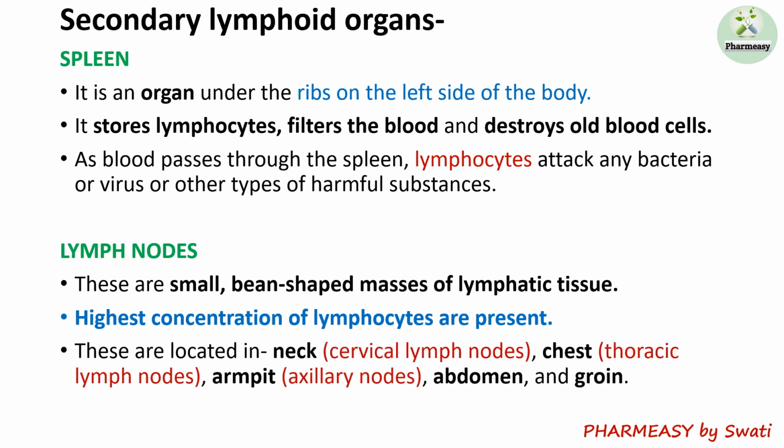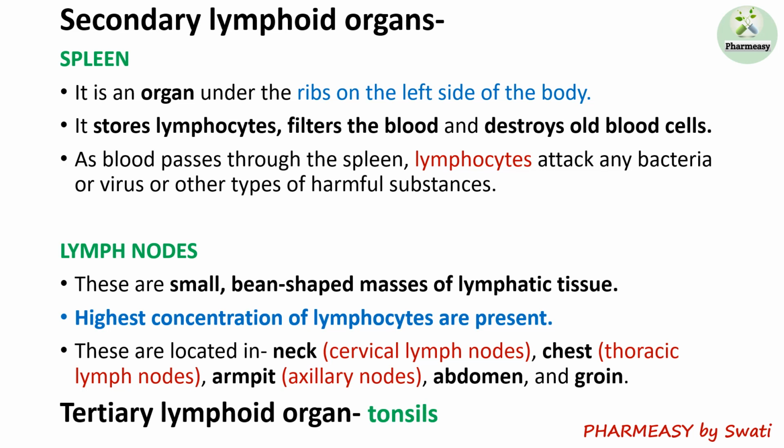Mainly, these are located in neck region or cervical lymph nodes, chest area also known as thoracic lymph nodes, armpit or axillary nodes, abdomen, and groin. Moreover, tertiary lymphoid organs include tonsils, which are small masses of tissues at the back of mouth and nose, and at the top of the throat.